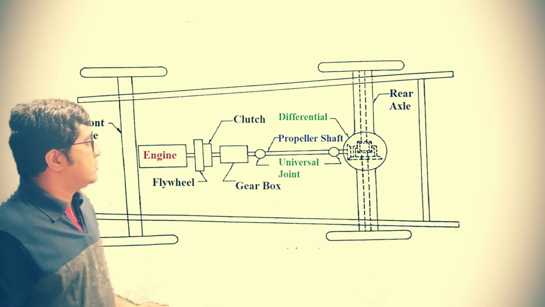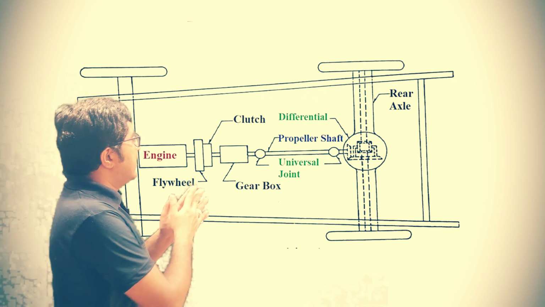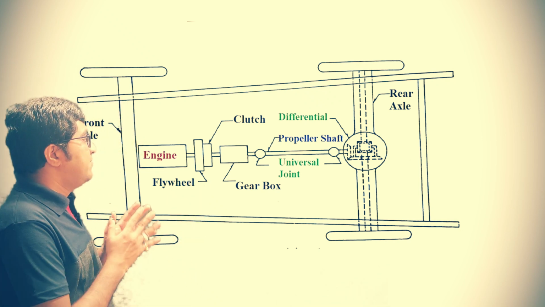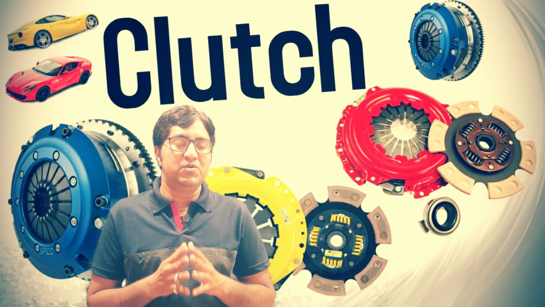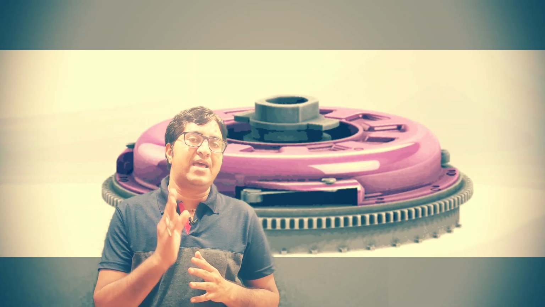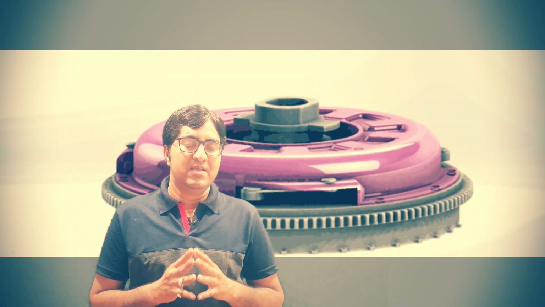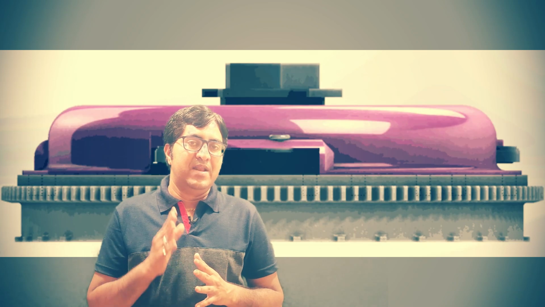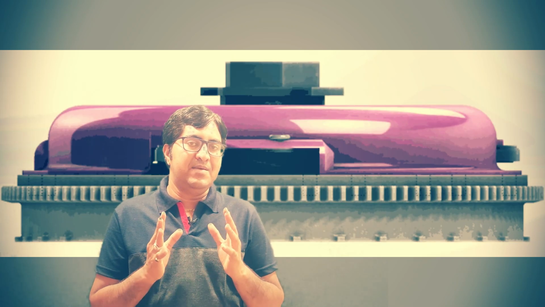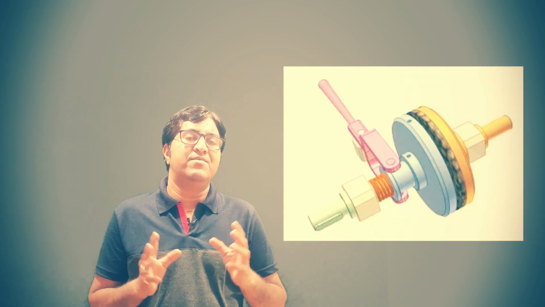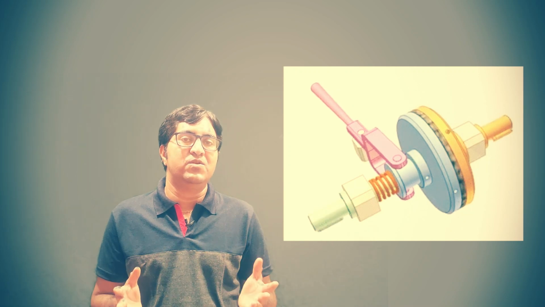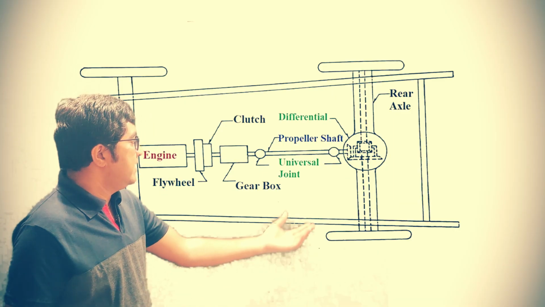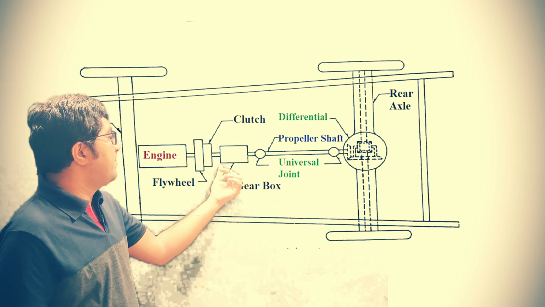compression and exhaust. Then it is connected with the clutch, and the function of the clutch is to engage and disengage the driving shaft from the driven shaft. It means that whenever you operate the clutch, your driving wheels become free, because there is no connection between the driving wheels and the engine whenever you operate the clutch.